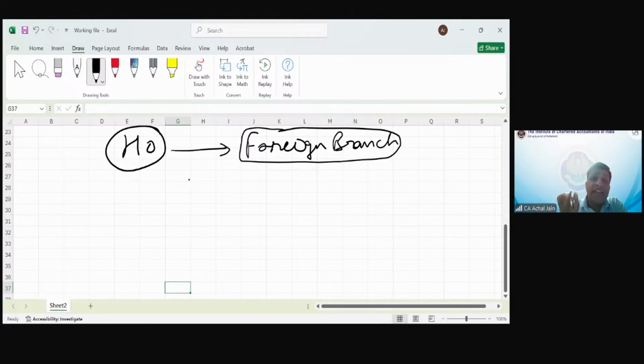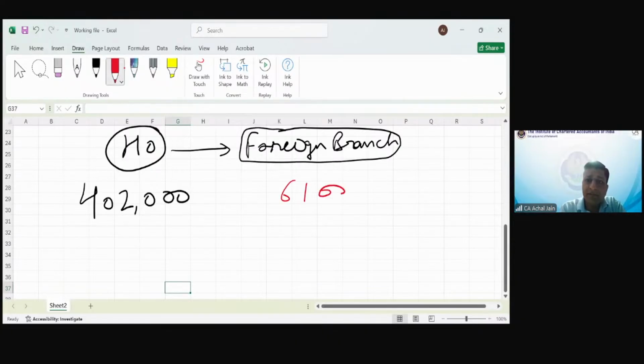When the goods were sent by head office, what is the amount at which head office has recorded this? 4,02,000. Now, because the branch was required to prepare the accounts in pound, the branch recorded that at 6,100.